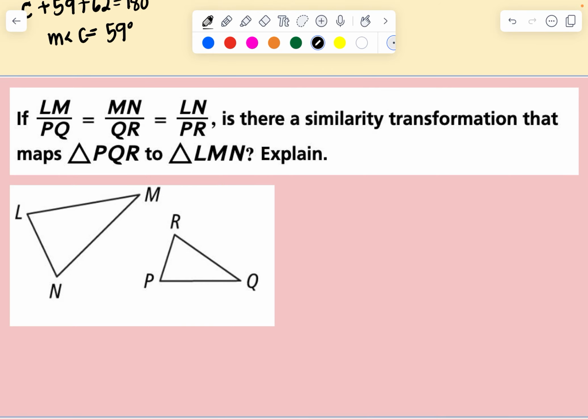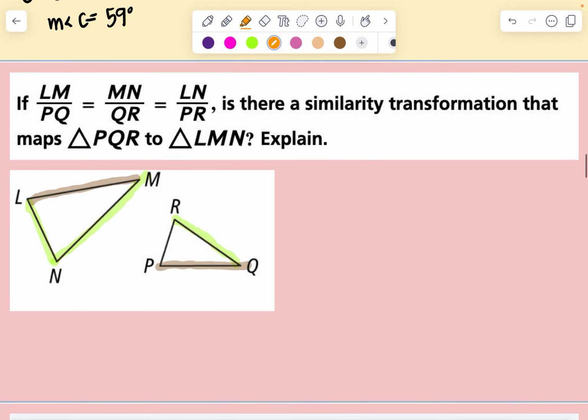Next one here, if we know that these proportions are true, LM over PQ equals MN over QR equals LN over PR.